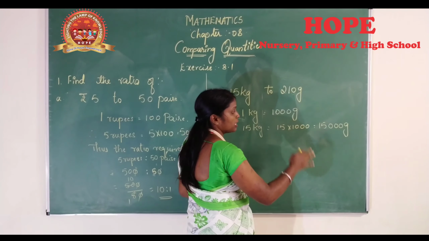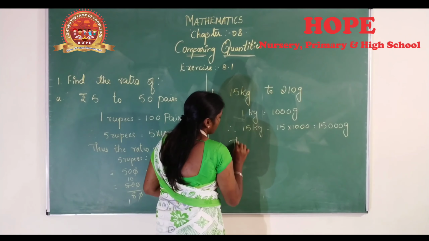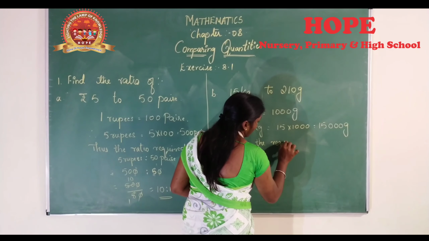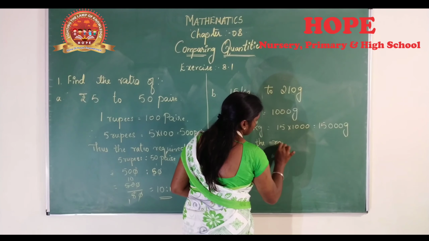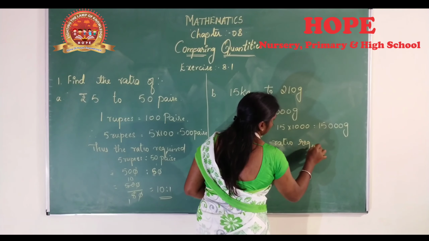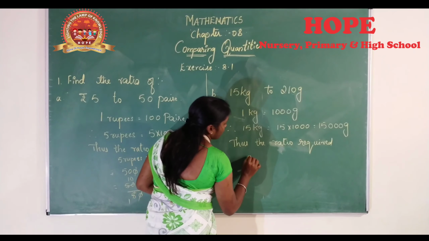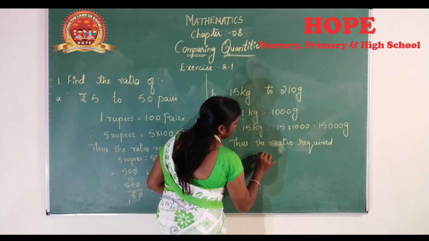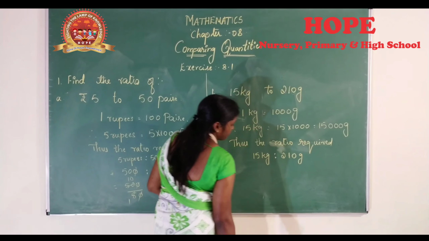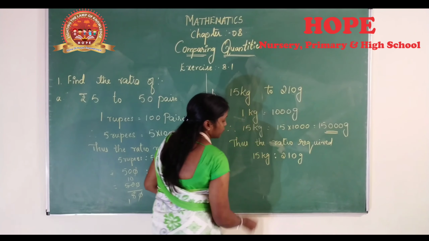The required ratio is 15 kg to 210 grams, and 15 kg converted into grams is 15,000.